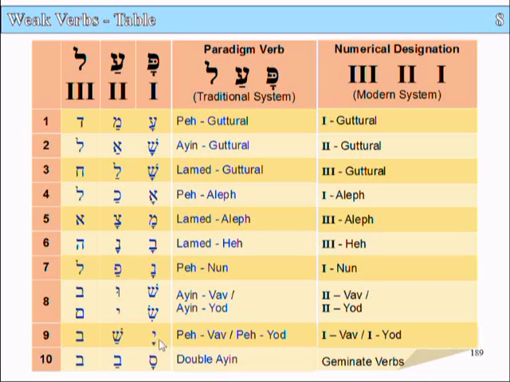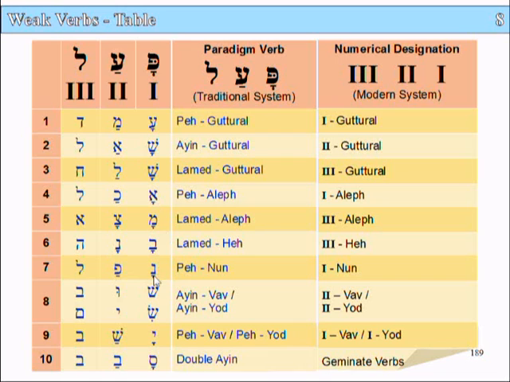It begins with a yod, so it's called a pay vav or pay yod, the pay meaning it's in the first position here. And this one here has two identical letters in the second and third position, so that's called a double ayin verb or geminate verb.